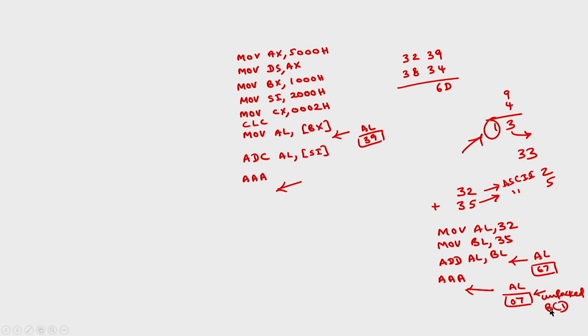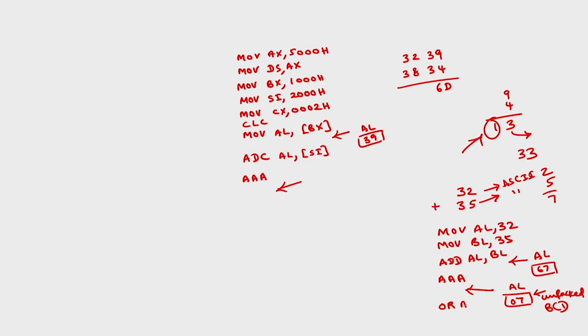Okay. So this AAA instruction adjusts AL contents to unpacked BCD, but it will not give the ASCII. If you want to get ASCII back, what you have to do is, so this is 7 ASCII. What is the code? ASCII code corresponding to 7 is 37. But here after this AAA, this will contain only 07. To get 37 back, we can add 30 or you can OR with 30H.